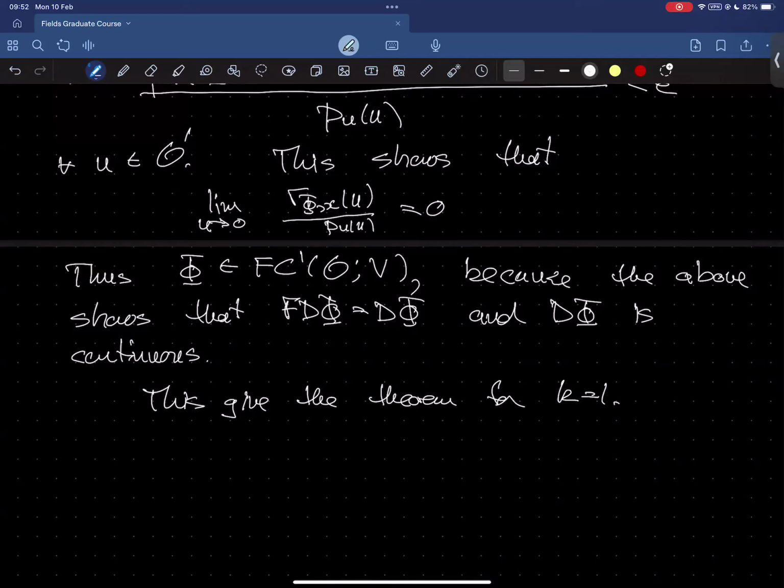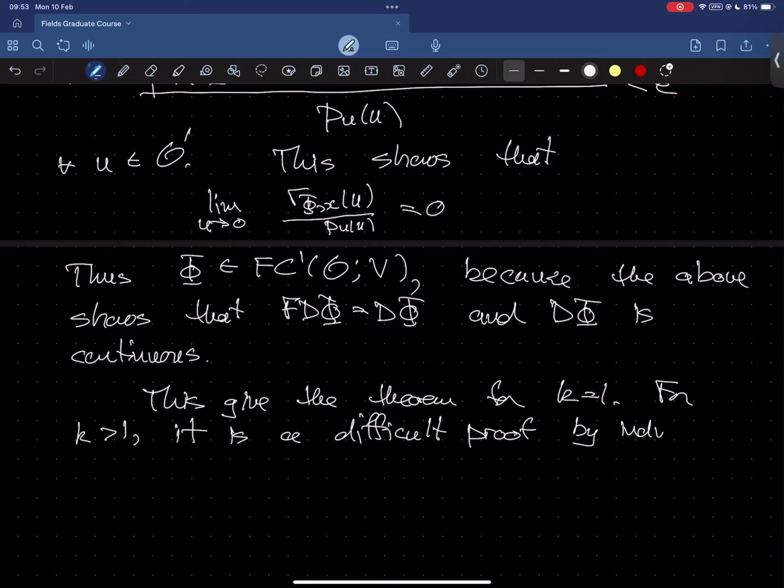For k greater than 1, it is a difficult proof by induction, using things that we don't know about yet, and also things that we're not going to know about at the end of the course.